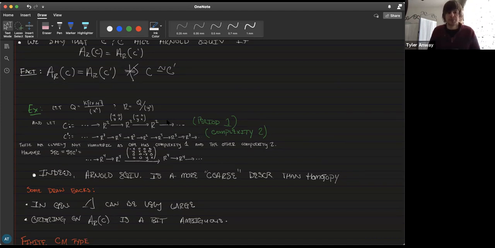Also, by taking Q to be one of these rings of finite CM type, we're looking at something with only finitely many building blocks. So there are only finitely many distinct choices of what you can approximate.